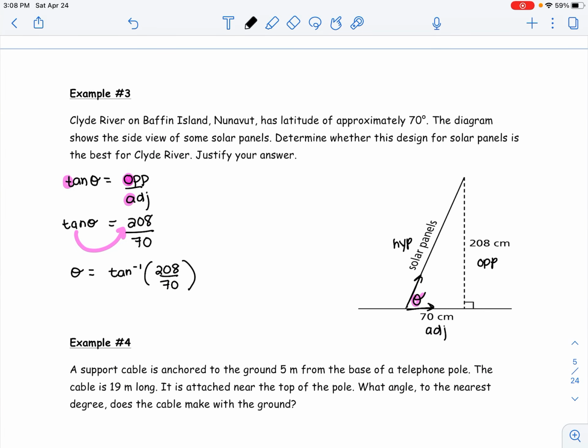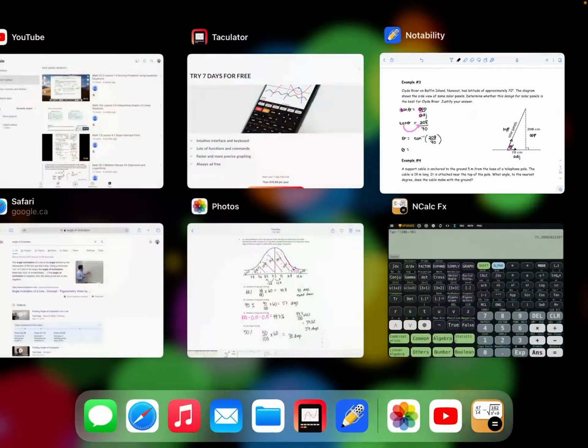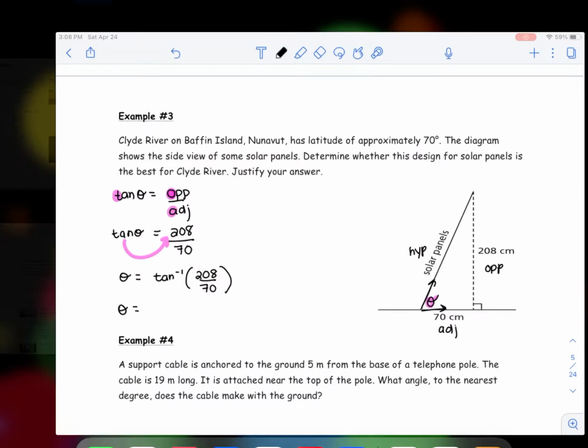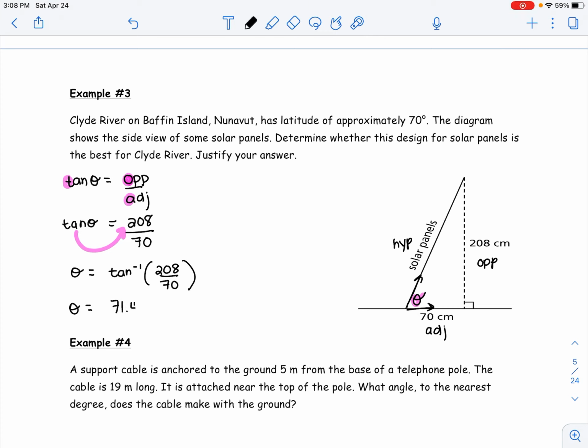So we'll say that it's not bad. We'll say that the angle is 71.4 degrees if we round to the nearest tenth.